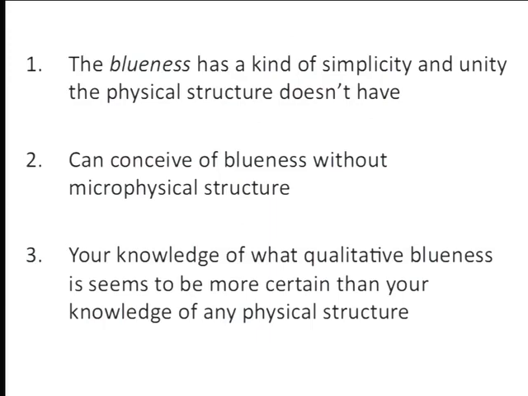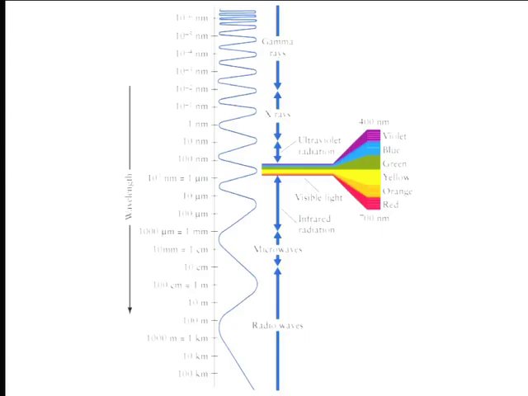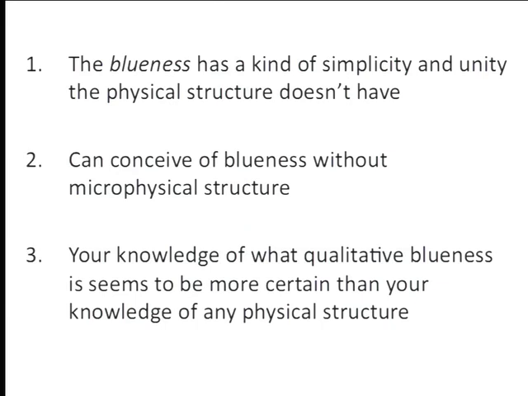And it can't be just the same thing as the physical structure. The blueness has got that kind of simplicity and unity. The physical structure is pretty complex. I mean, that's a very simple representation of the physical structure. But any unitary colour like blue or green or red seems to have a kind of unity that the physical structure doesn't have. It's got a kind of simplicity that the physical structure doesn't have.